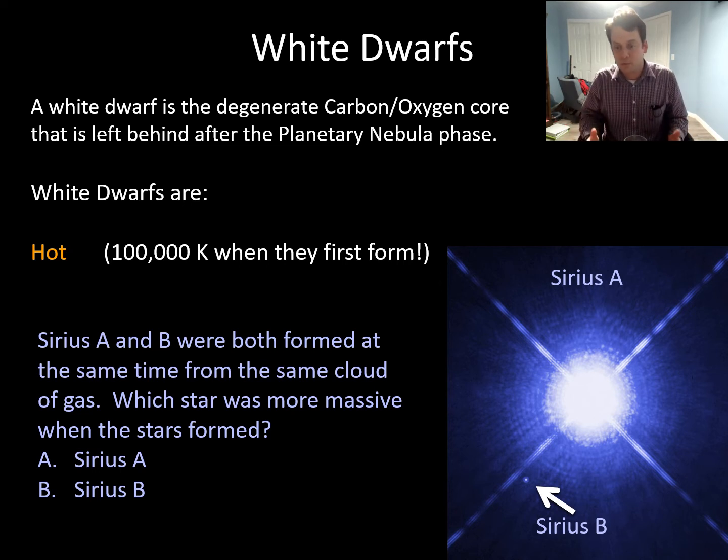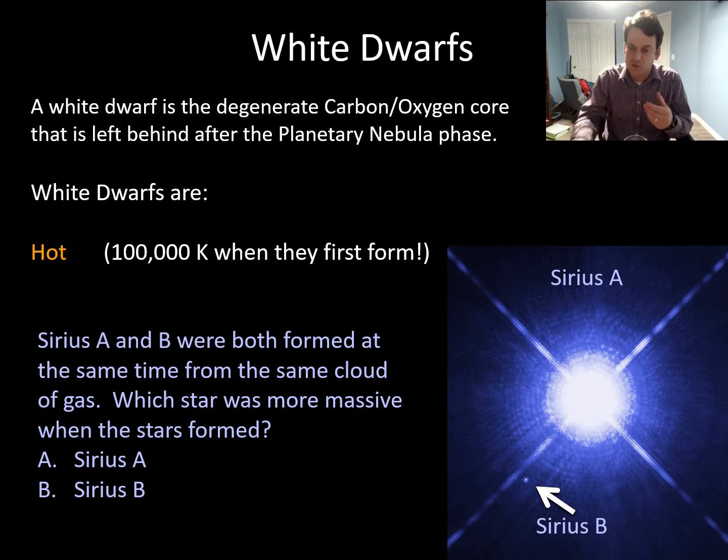Okay, I'm going to spoil the surprise, so feel free to pause me if you're not quite ready for it. The key is to recognize that if these stars were both formed at the same time, which is a really darn good bet because in general binary stars form at the same time, and one of them is a white dwarf and one of them is not, that means the white dwarf lived a shorter life.